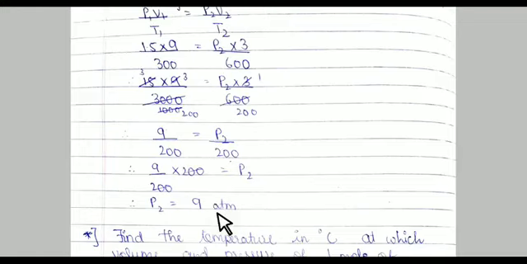Now adding heat till the temperature becomes 600 Kelvin, T2, and we have to calculate the pressure, P2. So which formula do we have to apply here? We have to apply the combined gas law equation here. So we will get the answer.